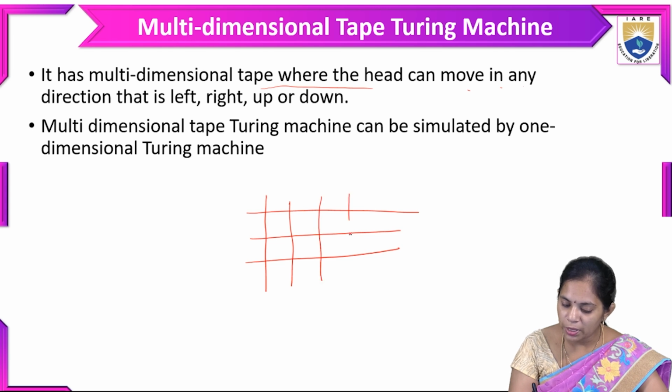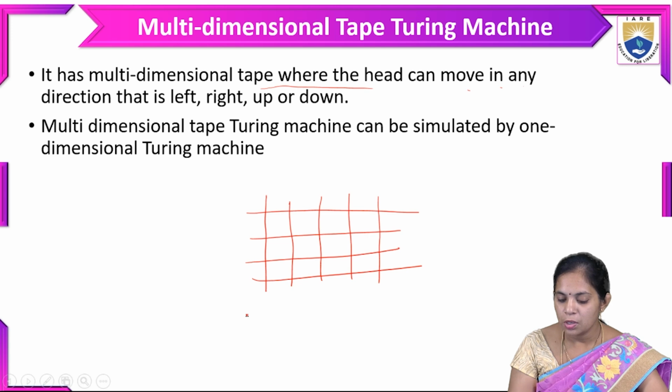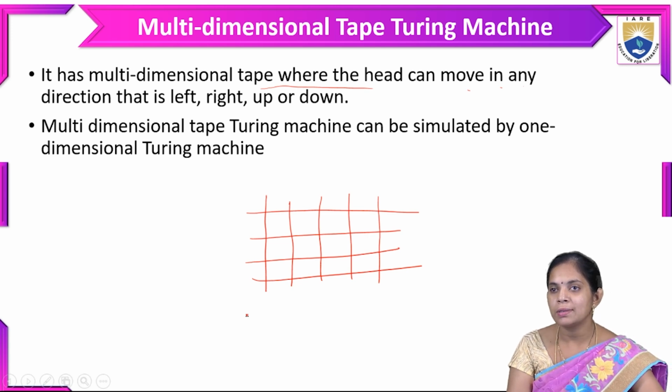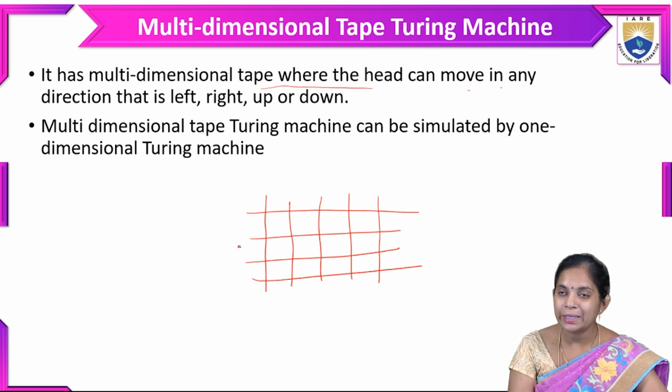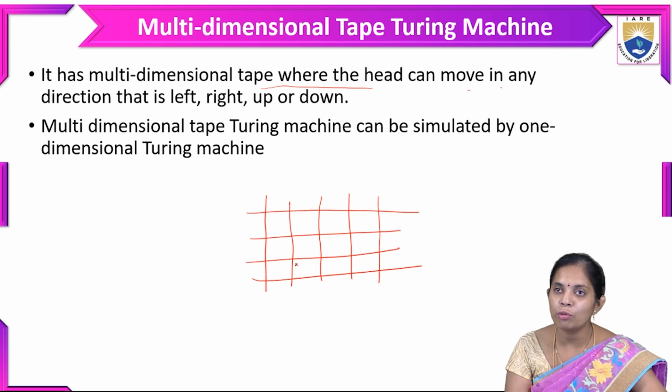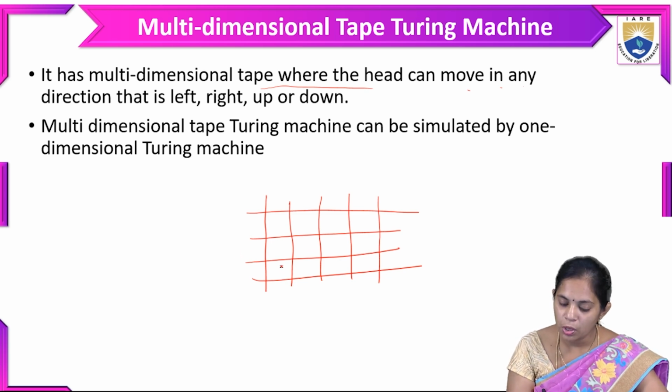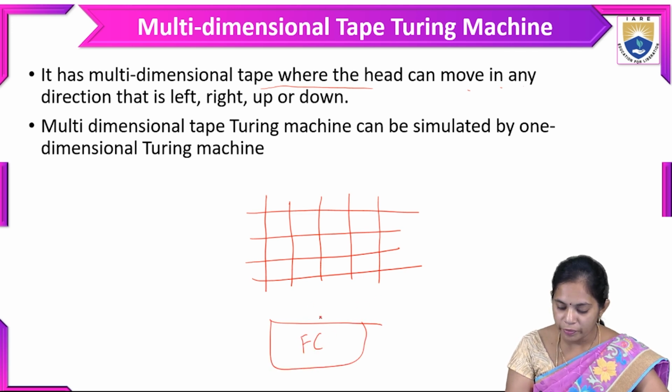Multi-dimensional Turing machine. If you take this, a multi-dimensional tape means n number of rows and n number of columns. Here I am taking the FC, that is nothing but the finite control, which is the head pointing to this, and suppose A is there.